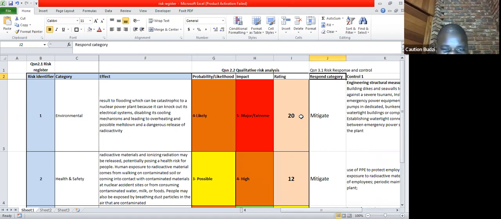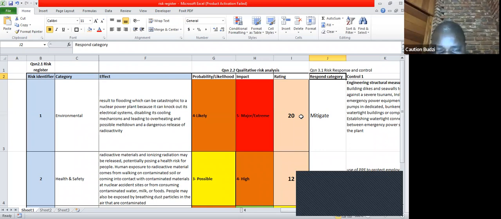It is likely that environmental risks can happen on a nuclear power plant, mainly because if we look at the position of this power plant in the case, it was located on the coastline, and the probability of things like floods, tsunamis, earthquakes is high.